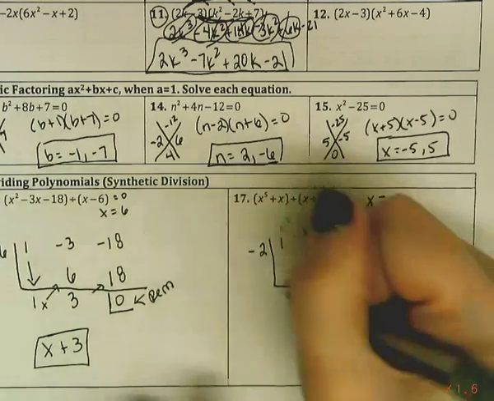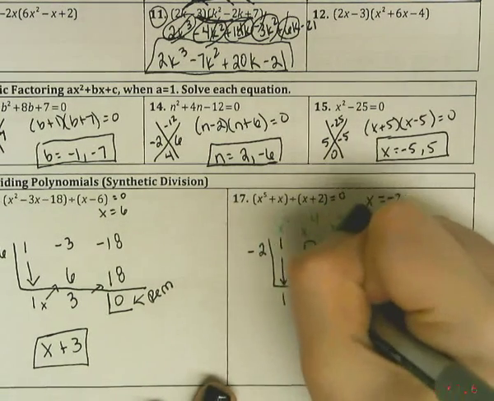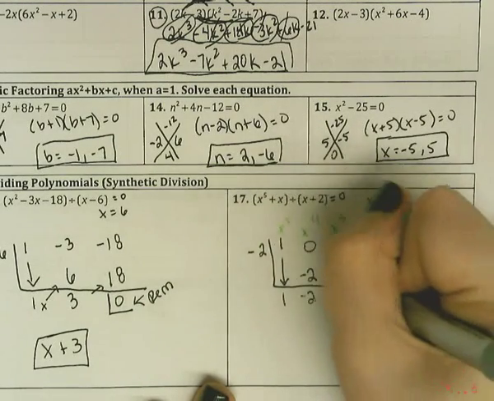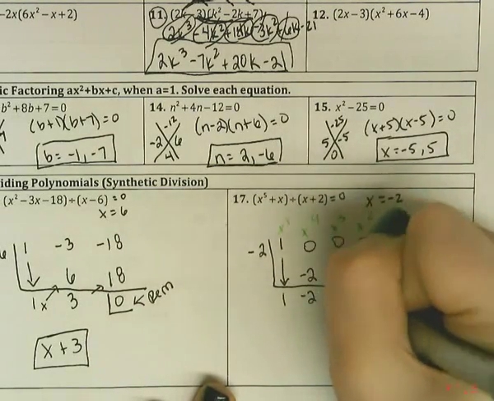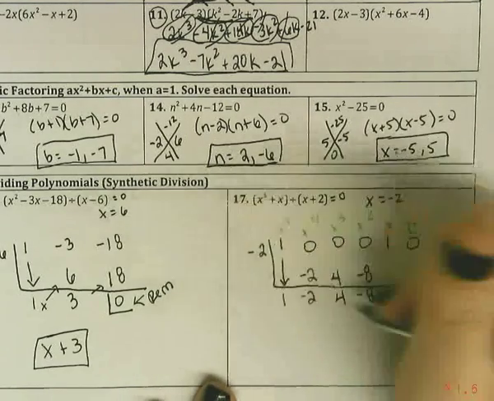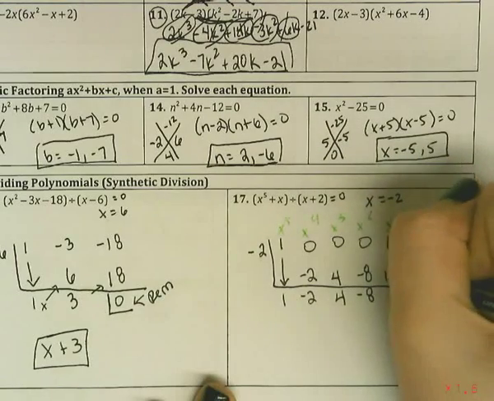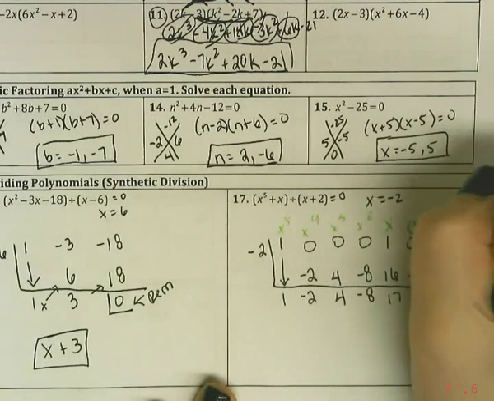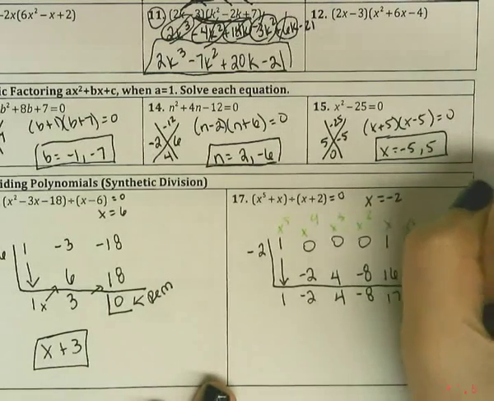Now we follow the same process. Bring down the 1, negative 2, add. Negative 2 times negative 2 is 4, add. Negative 2 times 4 is negative 8, add. Negative 2 times negative 8 is positive 16, add. Negative 2 times 17 is negative 34, add that.